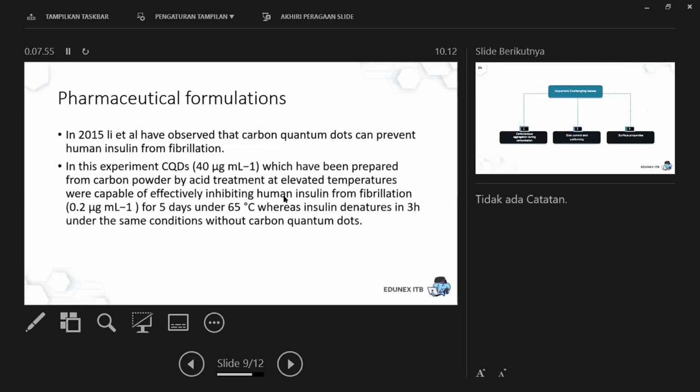The next application is pharmaceutical formulation. In 2015, Lee et al. observed that carbon quantum dots can prevent human insulin from fibrillation.